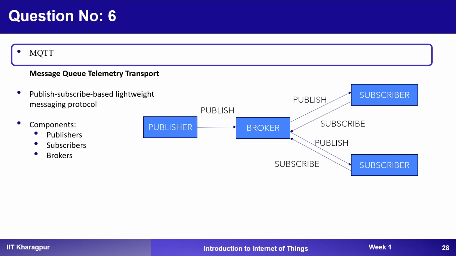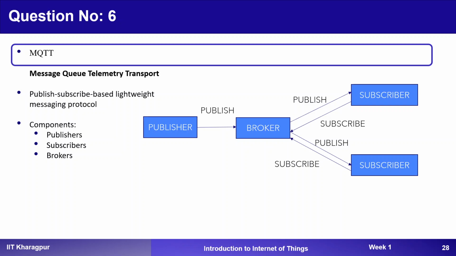The next question is, which of the following is a characteristic? Yeah, this is the same question, and the correct option is no central server. Question number 8 is, which of the following has a component named bindings?